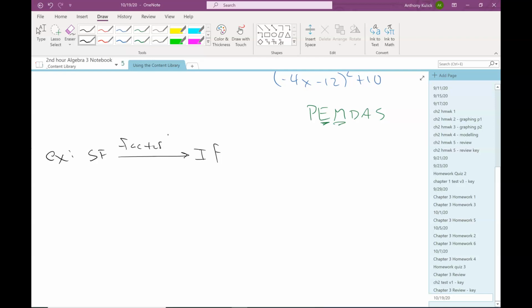So all I want to do here to start with is just kind of talk about the idea. So factoring is FOIL in reverse.